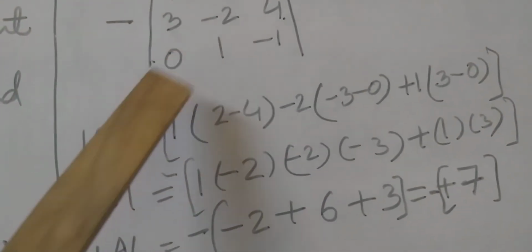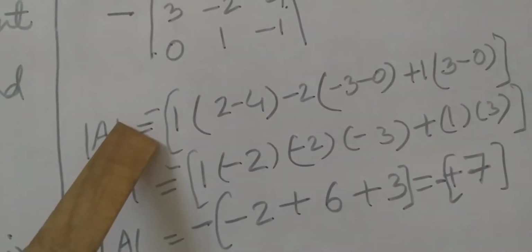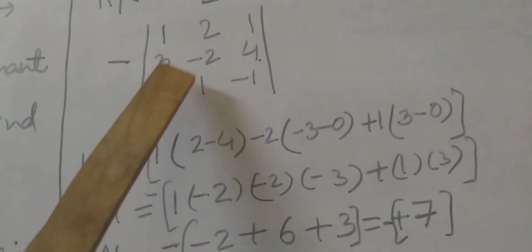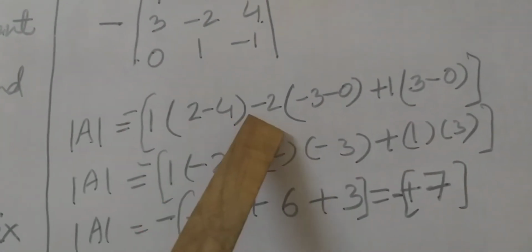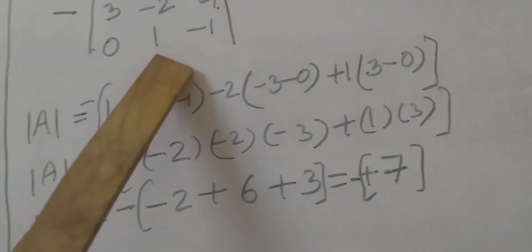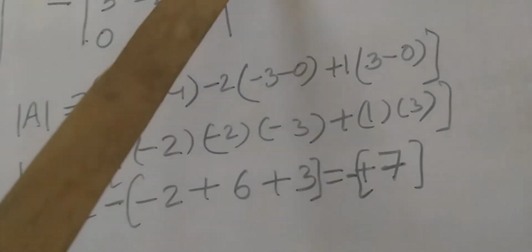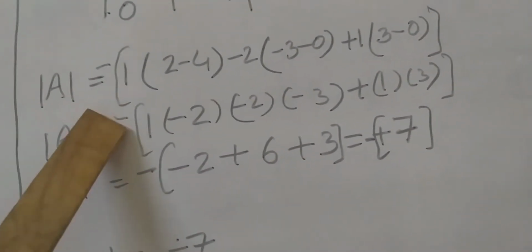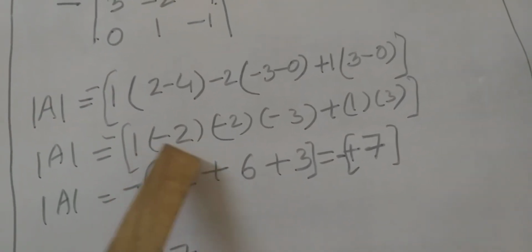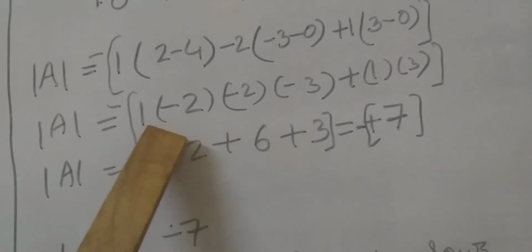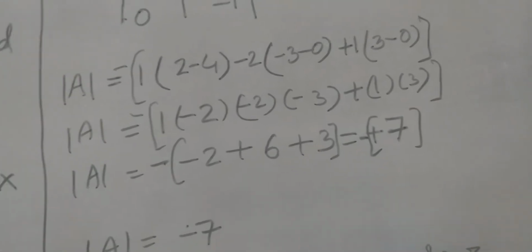So let us find this determinant now. Determinant of A, with the minus sign as it is, and by the same method, with row and column deleted: 2 minus 4, minus 2, then with columns and rows deleted, minus 3 minus 0, plus 1, with row and column deleted, 3 minus 0. This minus sign stays as it is: minus 2 into 1, minus 2 into minus 3, minus 1 into 3, which is minus 2 plus 6 plus 3.